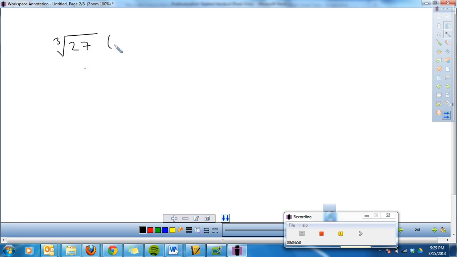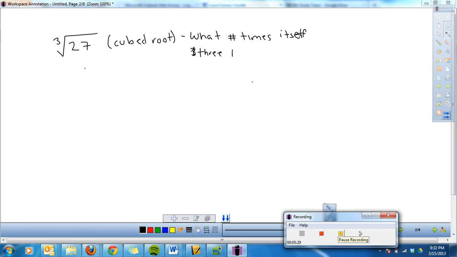This is written as the cubed root, and it's asking us what number times itself 3 times equals 27.